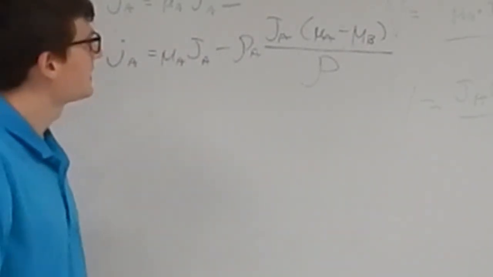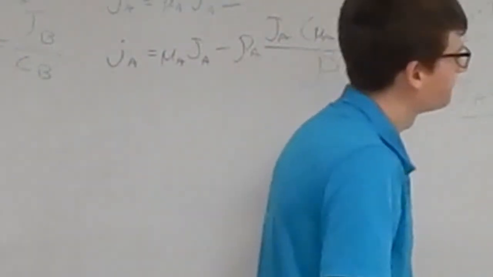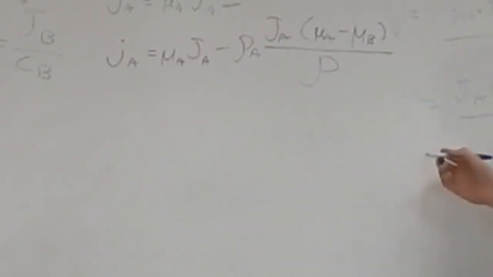So what can be further reduced and simplified here? I think the best way to do that would be to look at some units. So let's look at the density of A over the total density. Density is mass over volume.